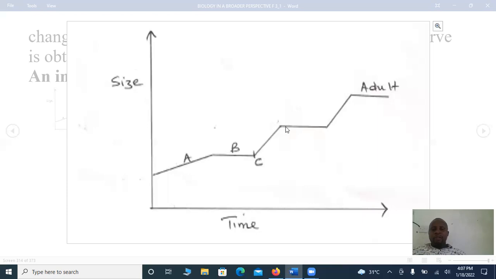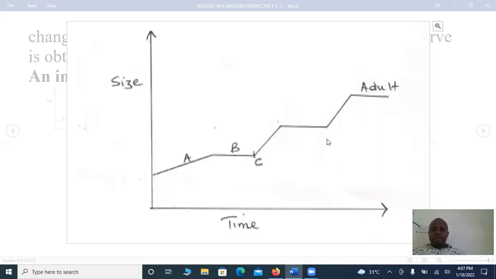So the organism will stop growing until a certain point where ecdysis occurs again. Here there will be another ecdysis or molting, which gives room for the organism to start growing again until it reaches maturity.